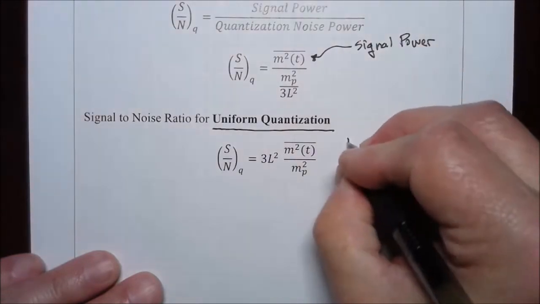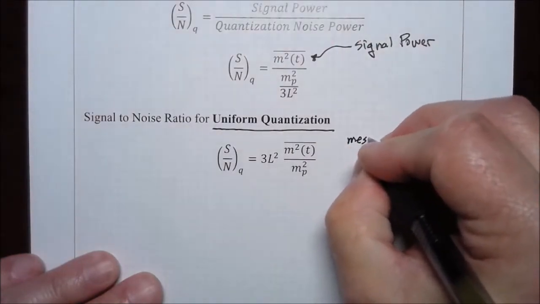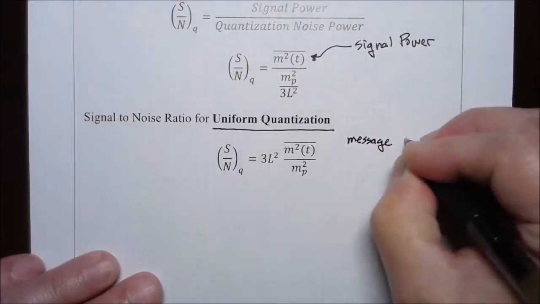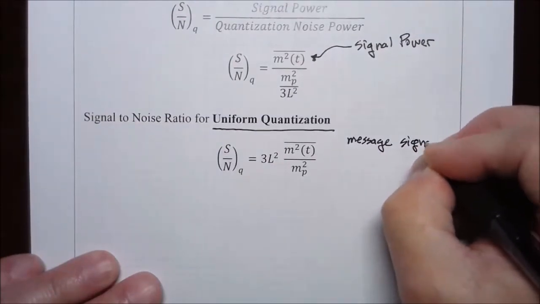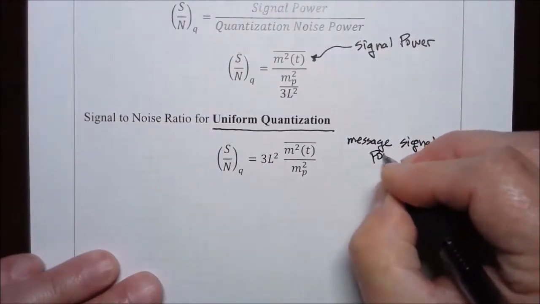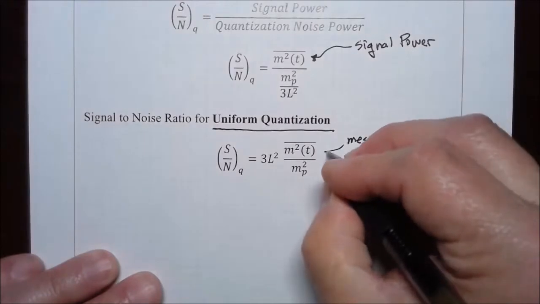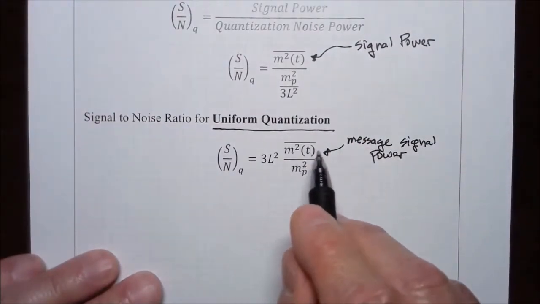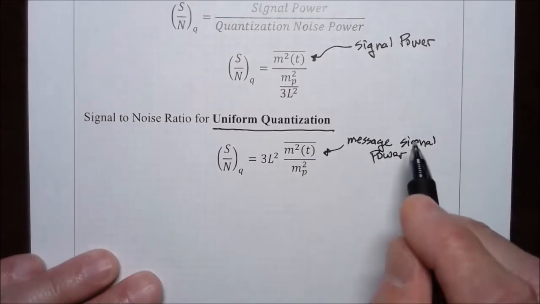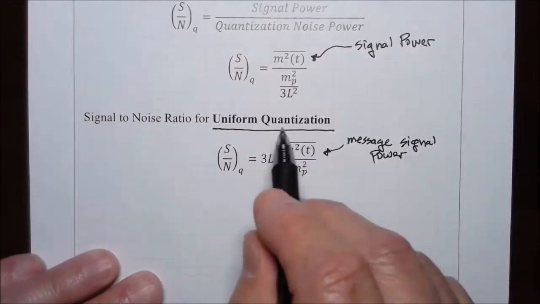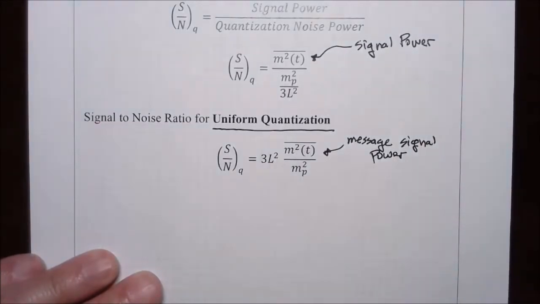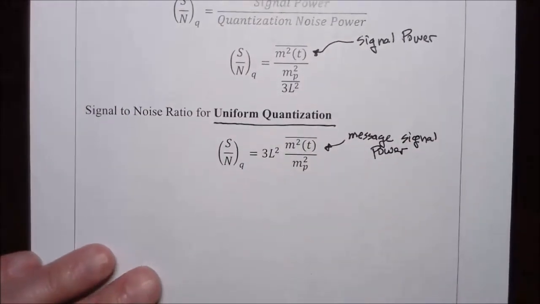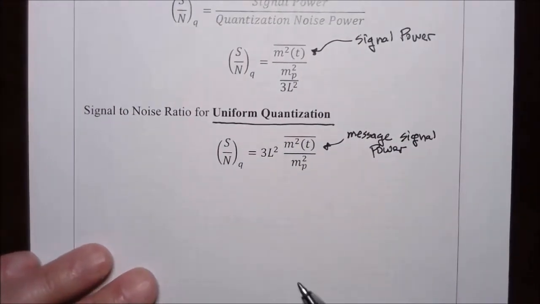This again is the message signal power. It's not the message signal squared, it's the message signal squared and then time averaged. So that's the message signal power. That will be determined by the character of our message signal when we work out examples.